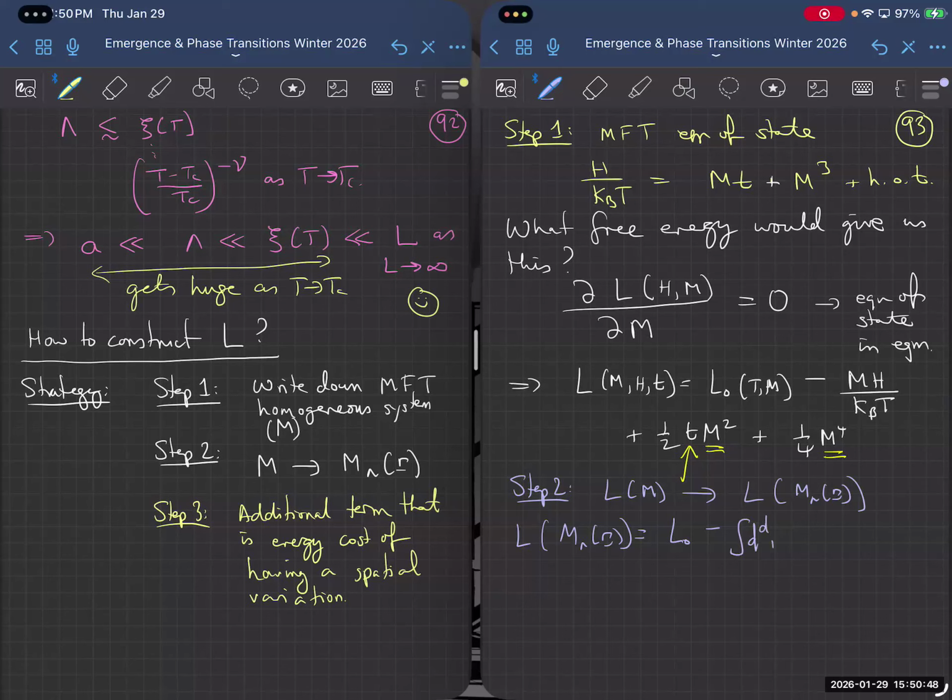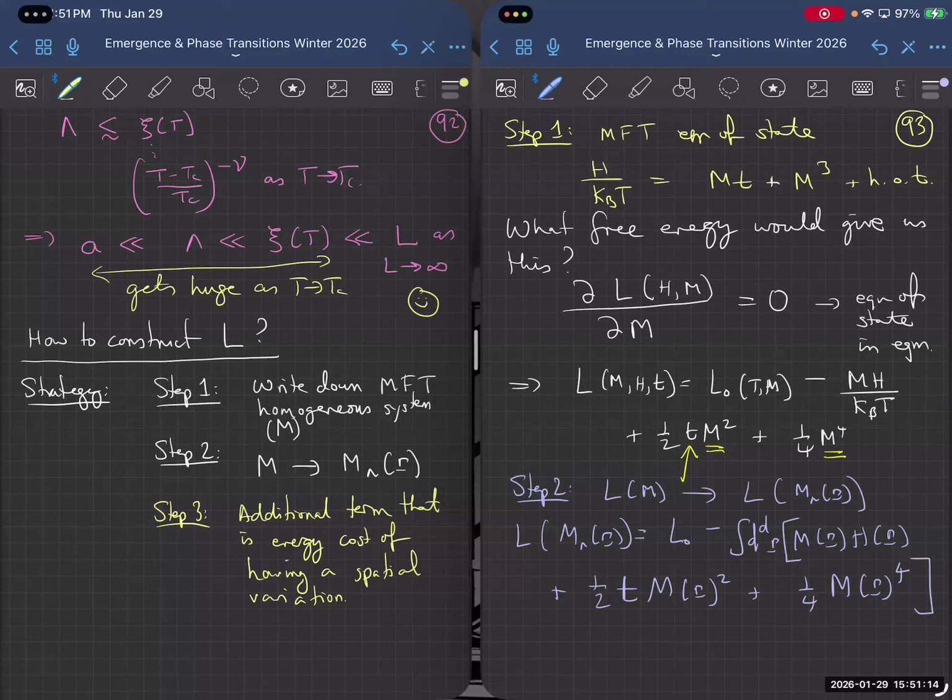So it's going to look like this: integral d^d r of minus M of R H of R plus 1/2 T M of R squared plus 1/4 M of R to the 4th. And then I'm going to close those brackets.